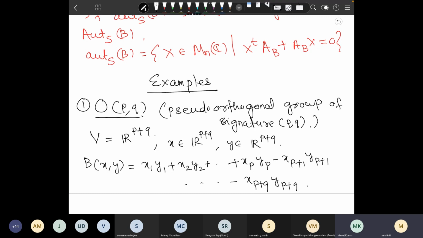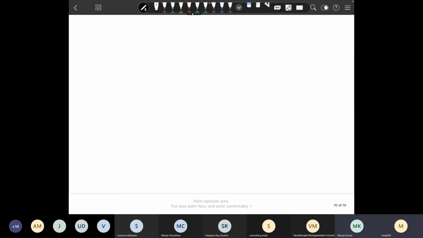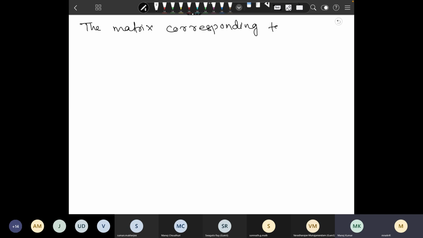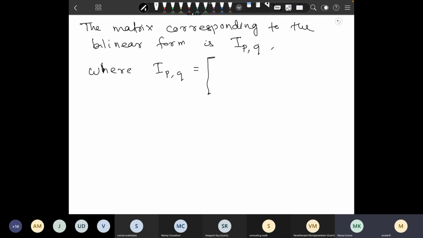If you recall, what is the matrix here? The matrix corresponding to the bilinear form is I_(p,q), where I_(p,q) is the block matrix with I_p, the p by p identity, and minus I_q, the q by q identity, and zeros elsewhere.